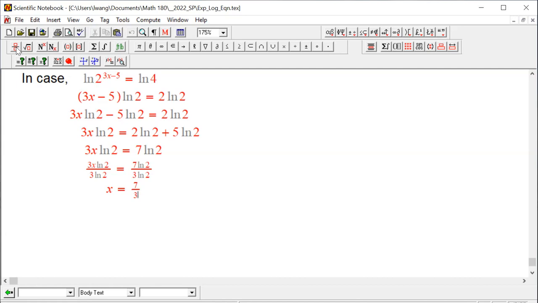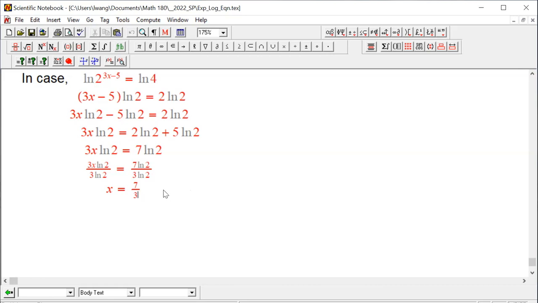Okay, so this piece may look pretty complicated, but the lesson to be learned here: number one, you try to reduce it so you don't have to deal with complicated situations. But when you have to deal with them, you want to make sure you know how to handle it, because in some situations you will have to.